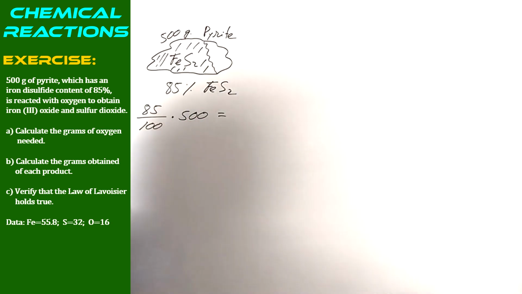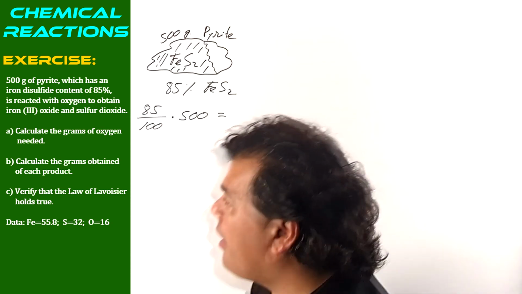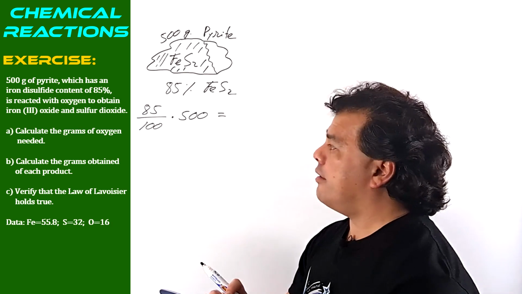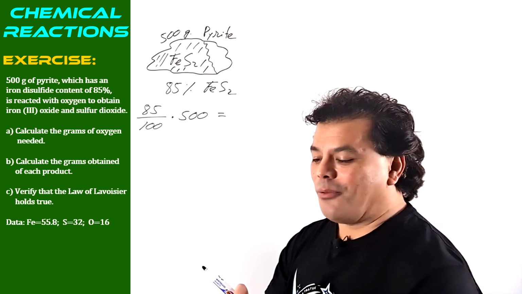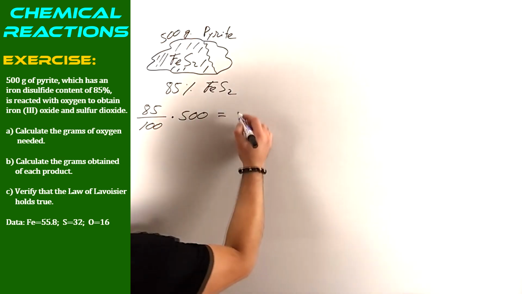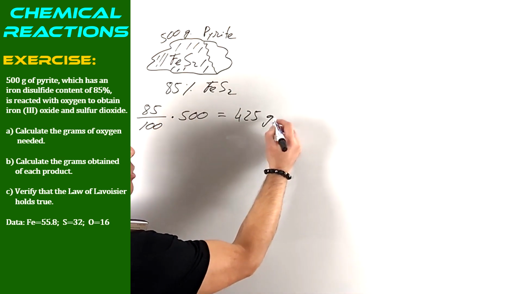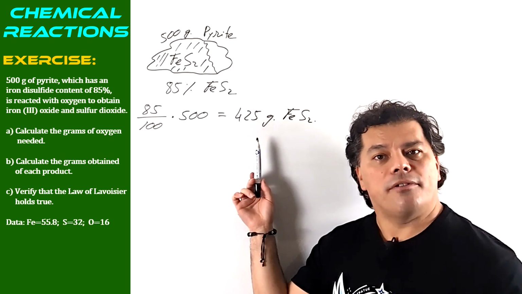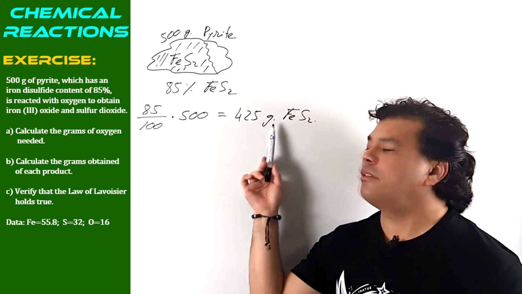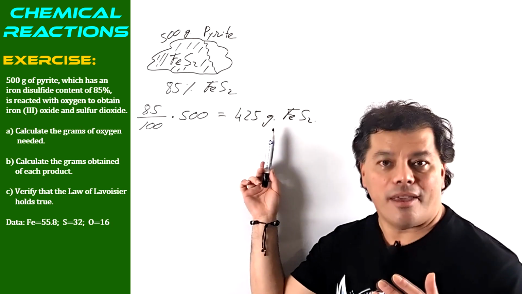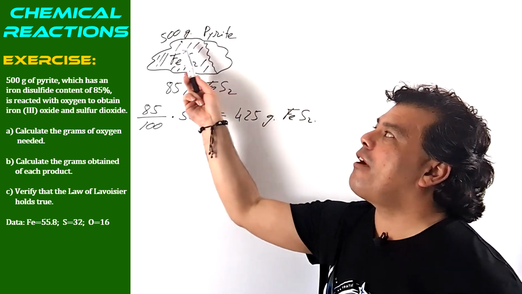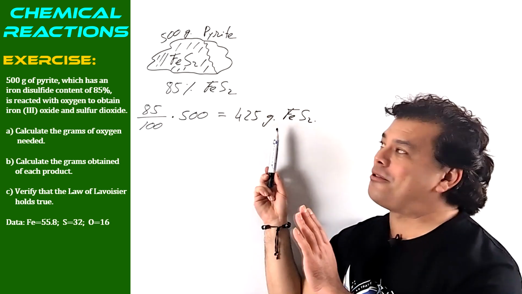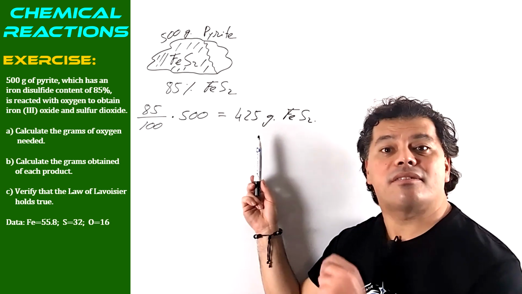So now please take your calculator in order to do 85 divided by 100, or 0.85 multiplying 500, and we have 425 grams of iron disulfide. The situation that I wanted to give you through this problem is that instead of giving us directly 425 grams of iron disulfide, they are telling us that it comes in 500 grams of pyrite and only 85% of iron disulfide. So now you already know how to deal with this situation.